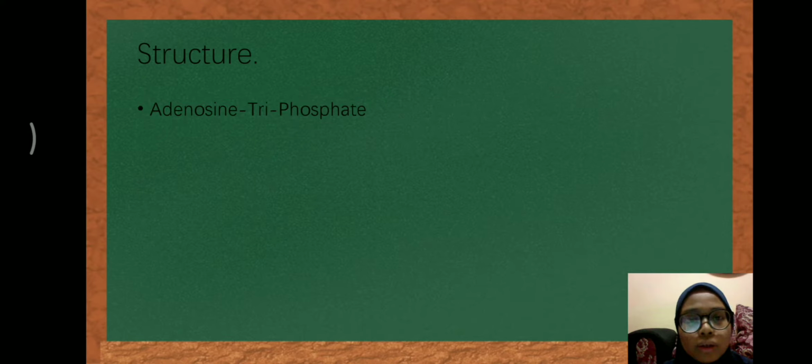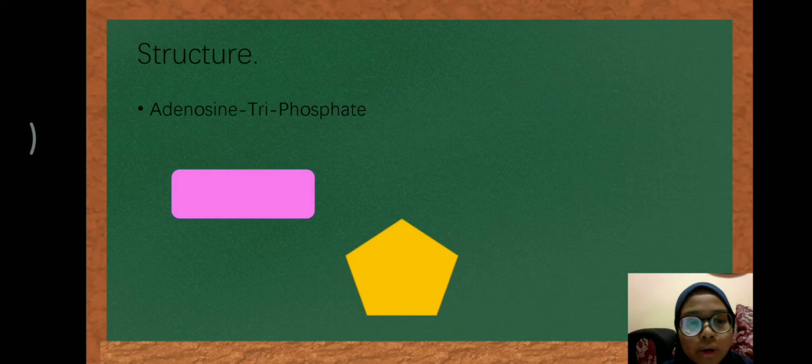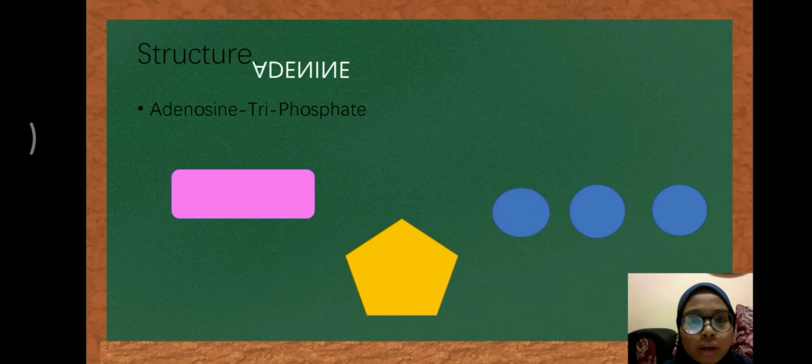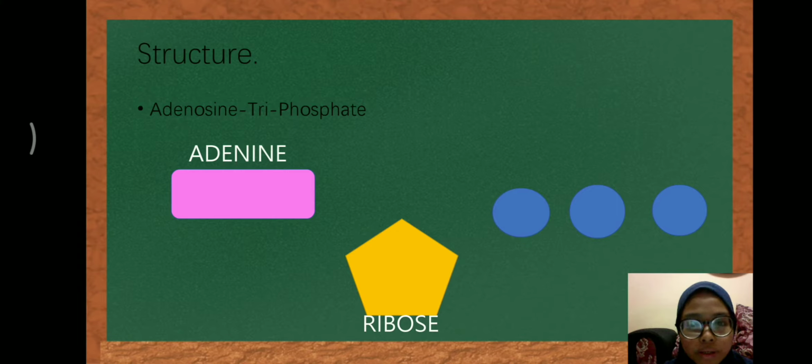So, we will continue with the structure of ATP. ATP or adenosine triphosphate consists of three components. The first is adenine, which is a nitrogenous base. Next is pentose sugar, which in adenosine triphosphate is ribose sugar.